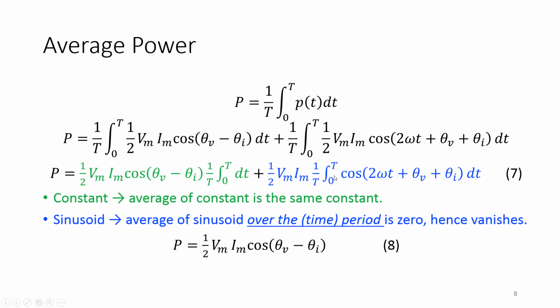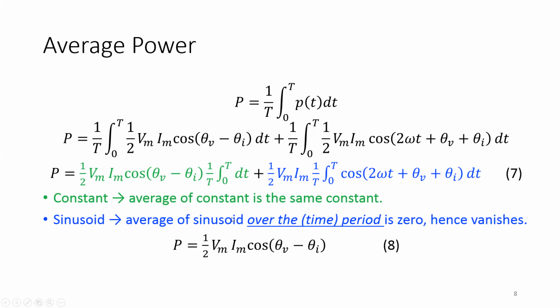This means that this portion, the blue portion, will result in 0 because it's an integration of a sinusoid, whereas this term is an integration of a constant, so it will result in the same constant. Therefore, the average power would be this value.